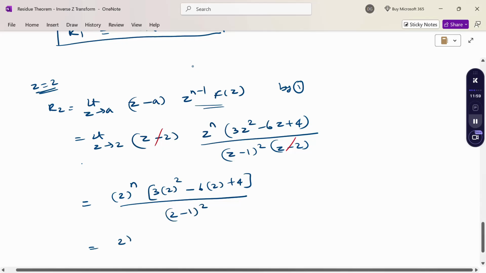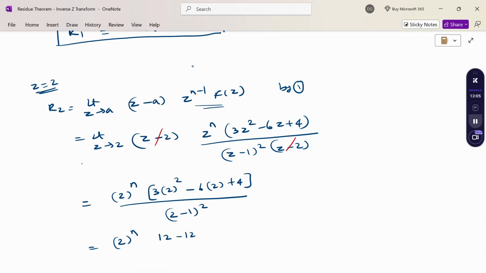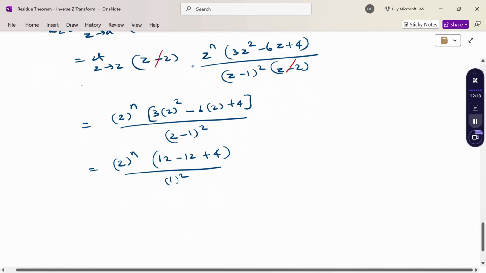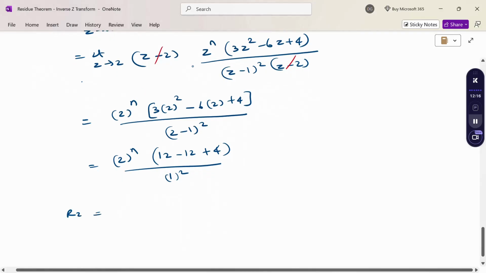Now this is 2 power n, 3 into 4, 12 minus 12 plus 4 divided by 2 minus 1, 1 square. Therefore residue 2 is nothing but 4 into 2 power n.